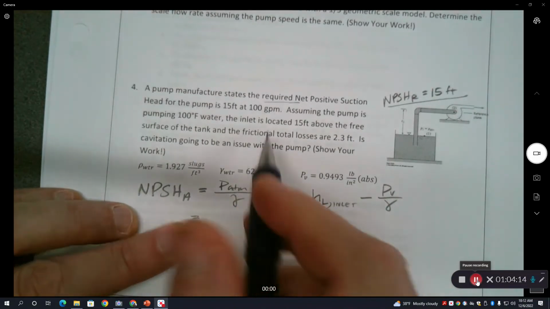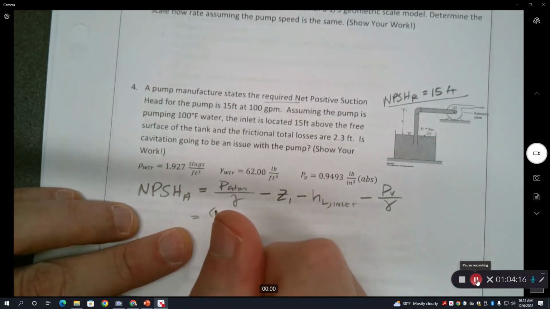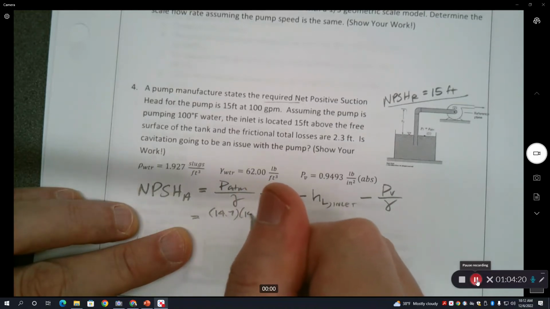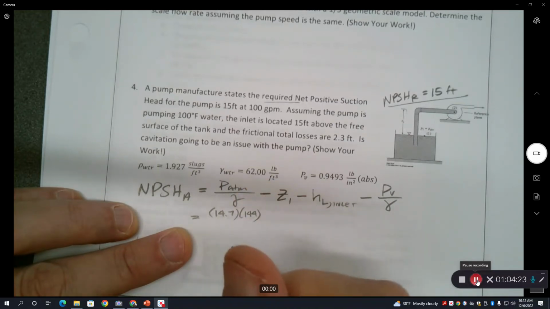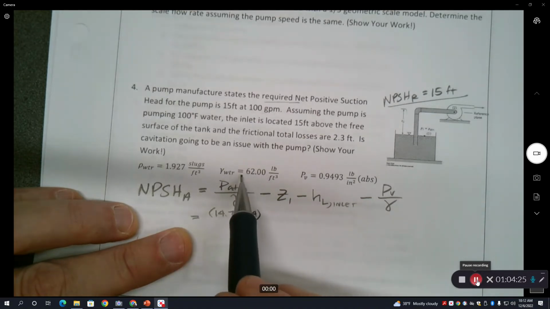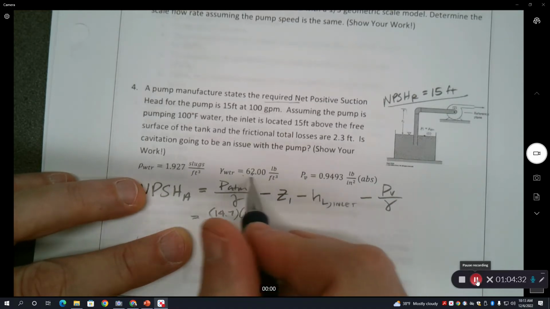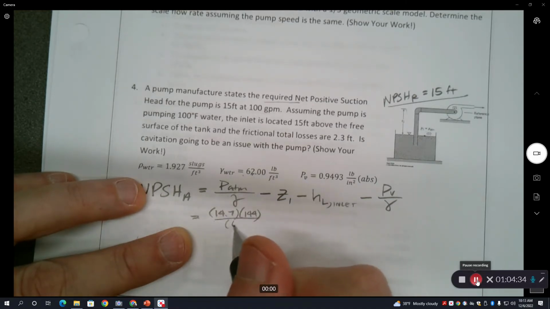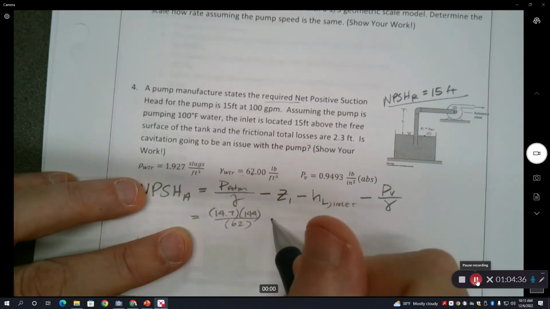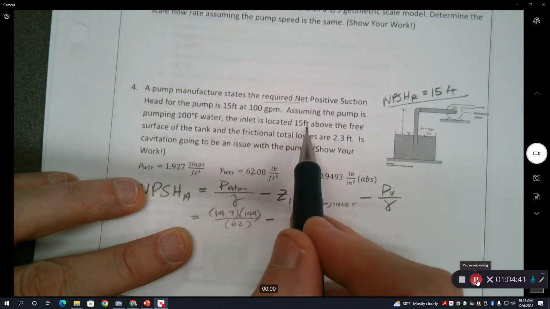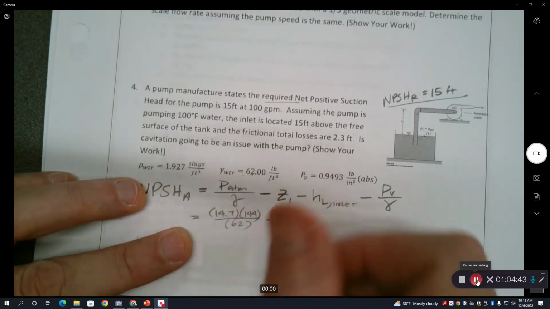The available one is we're going to take 14.7 times 144 divided by the specific weight, 62, minus the lift. The inlet is 15 feet above the free surface.